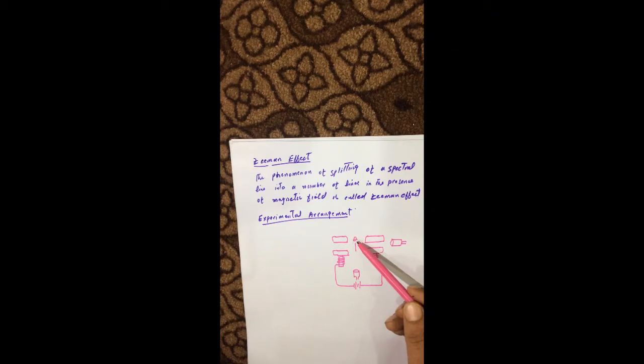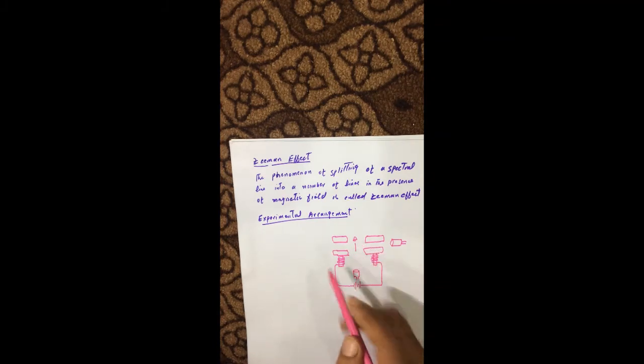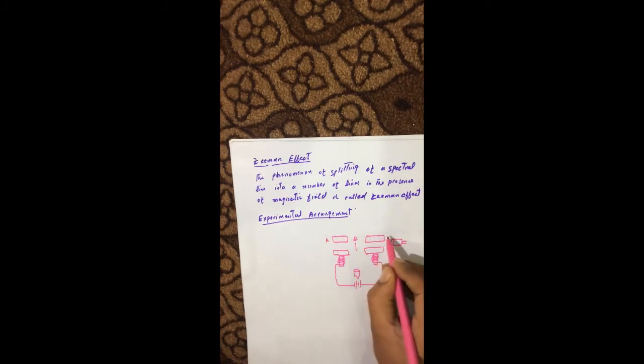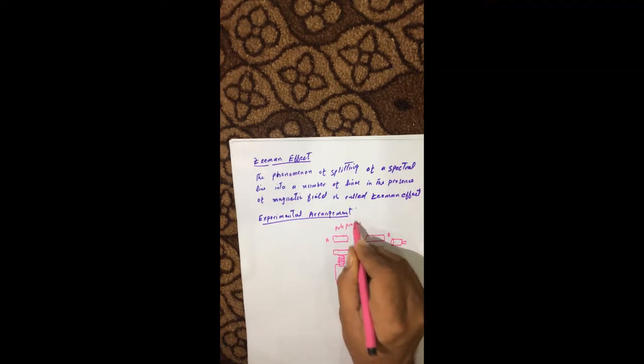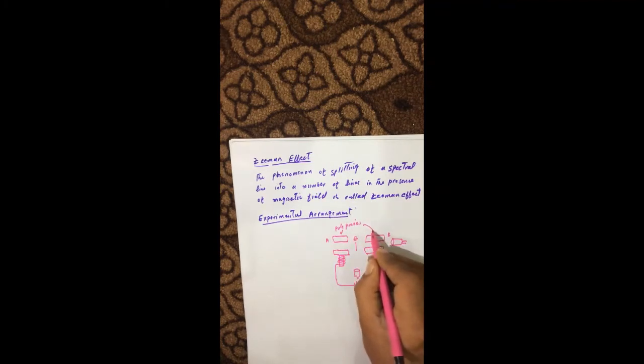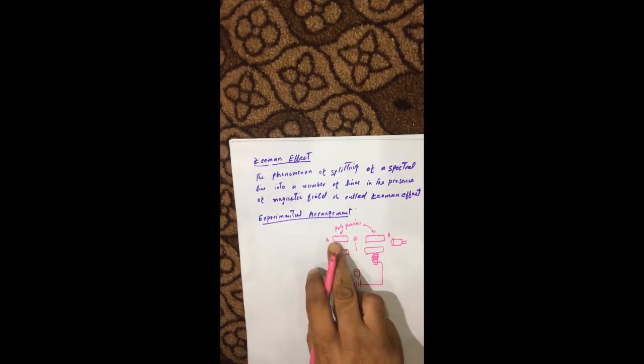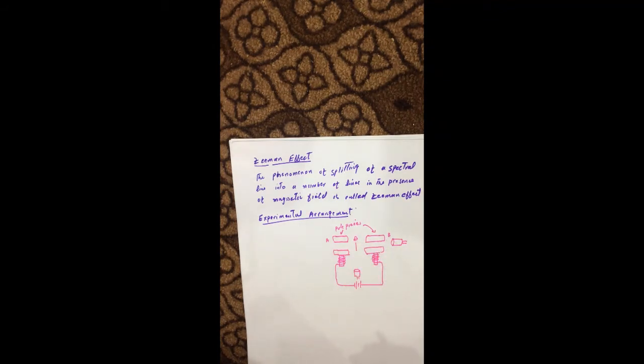Let's say it's the sodium lamp, which is placed between two pole pieces. This is A, this is B. These are called pole pieces. This is pole piece A and this is pole piece B. And this sodium lamp is placed between these two pole pieces, which are represented by A and B. And they are made up of strong electromagnets. They produce a strong magnetic field.